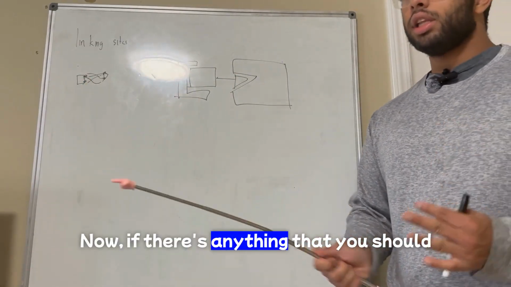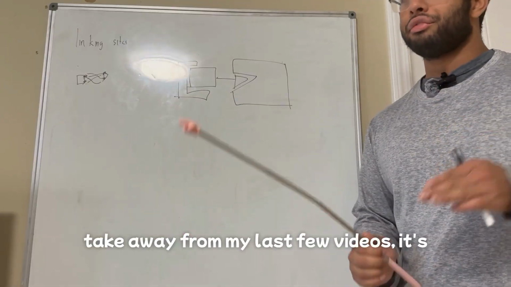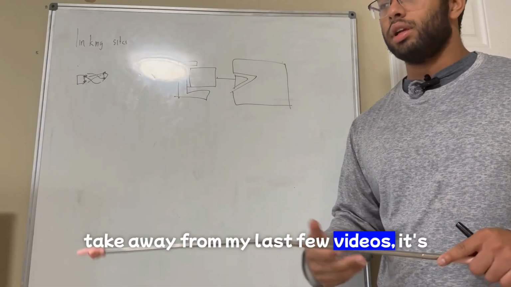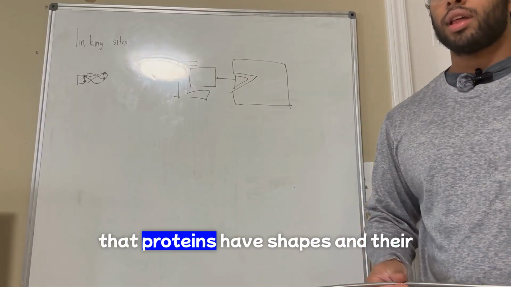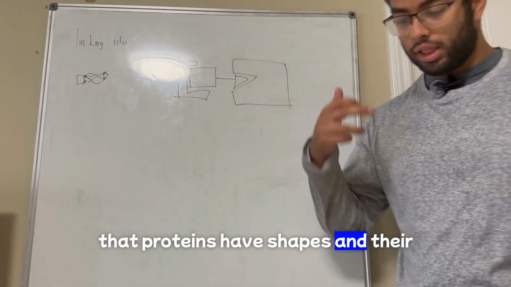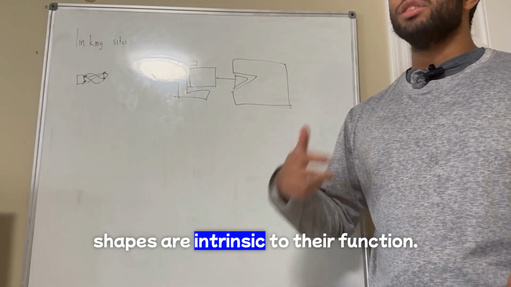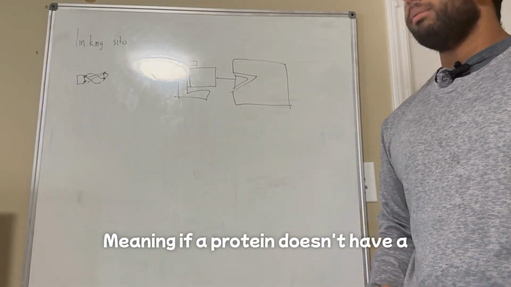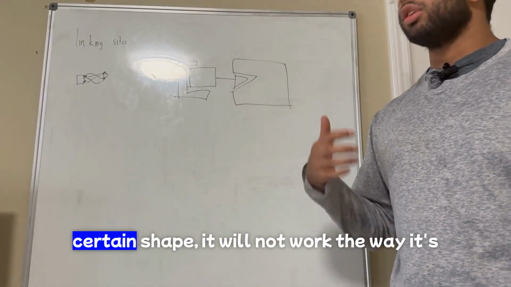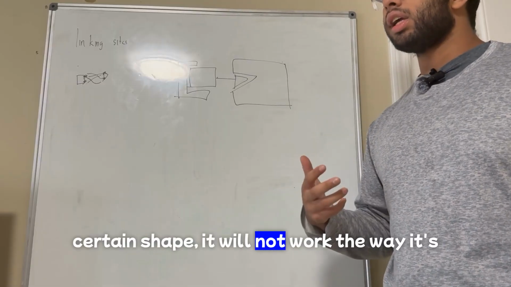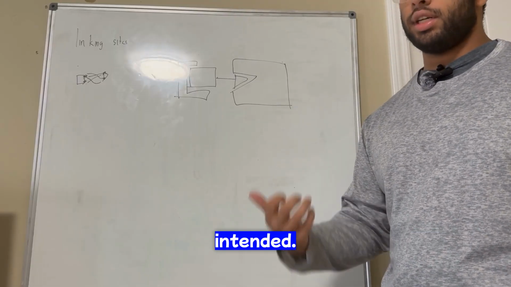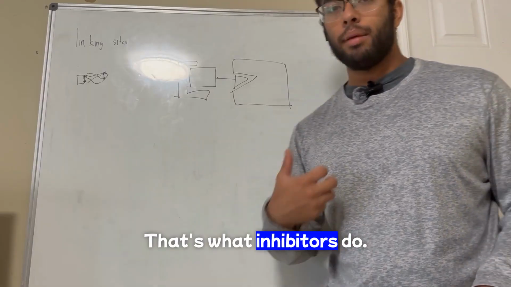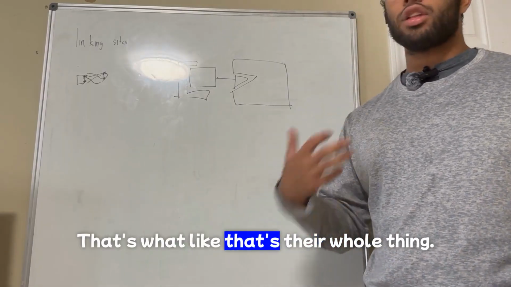If there's anything you should take away from my last few videos, it's that proteins have shapes, and their shapes are intrinsic to their function. Meaning, if a protein doesn't have a certain shape, it will not work the way it's intended. That's what inhibitors do. That's their whole thing.